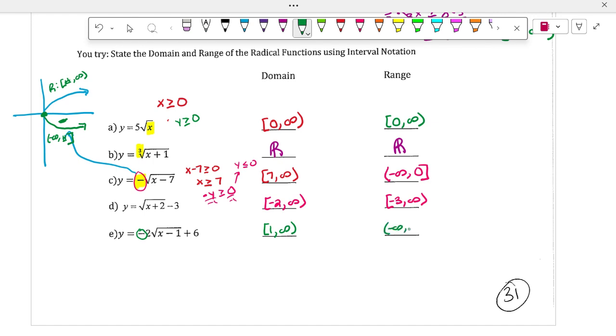Negative infinity to 6. If I plug the 1 back in, 1 minus 1 is 0 times -2, that's still 0, plus 6 is 6. But since we have that negative, our graph's going to look like this green one. The 6 will be our highest value, not our lowest. And that's supposed to be a bracket.